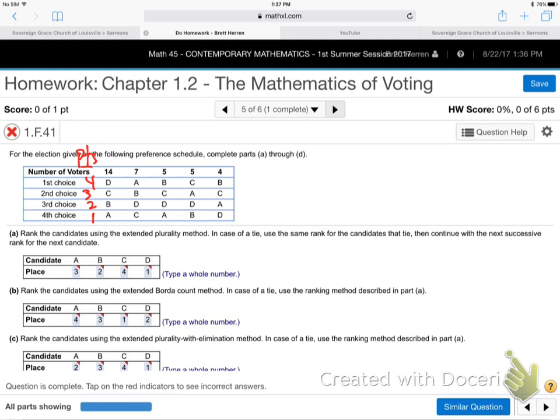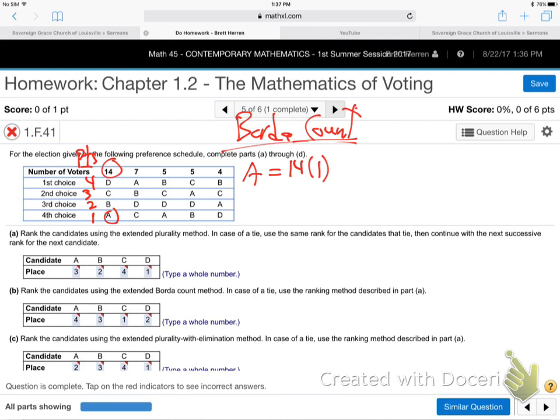So let's do A first off. This is the Borda count, the point system. How many points did A get? Well, 14 people put A last. So 14 people gave A 1 point.